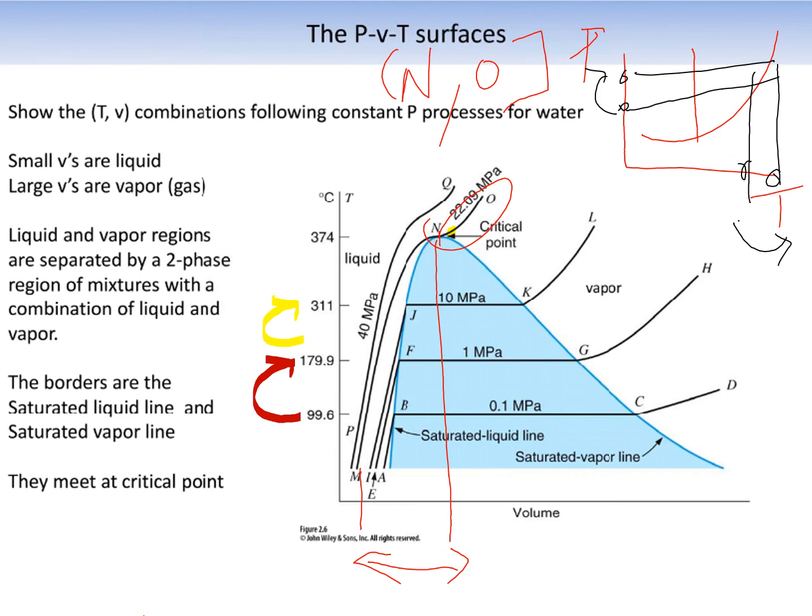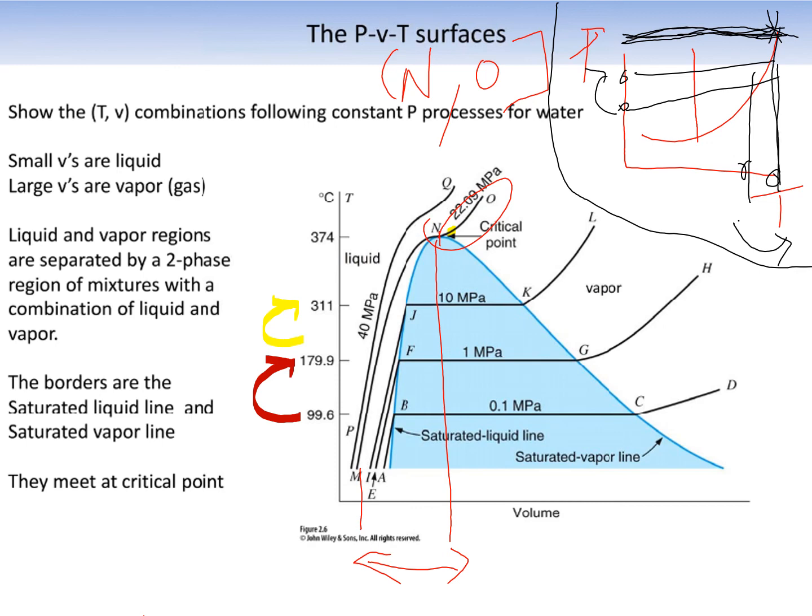We have already seen PT diagrams in the last slides, and you have observed that there is a point over here that is called the critical point. This is the critical point that I said we will discuss in later slides. Now beyond this critical pressure, at this pressure and beyond, there will be no constant temperature boiling process.